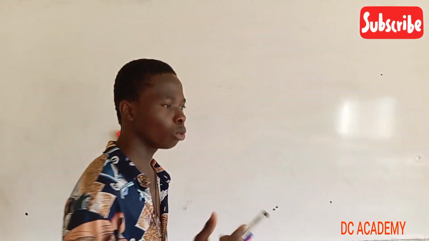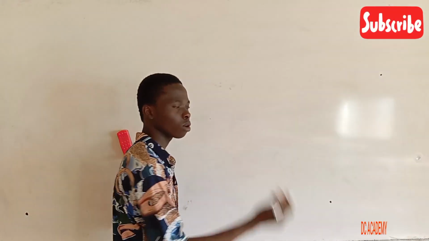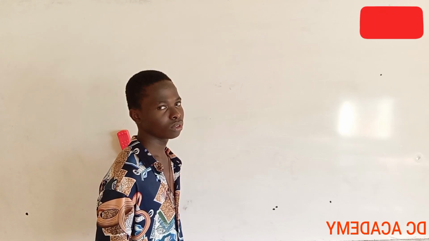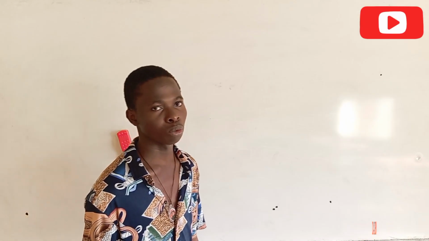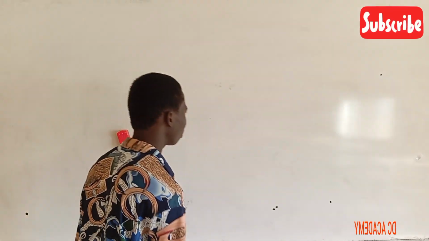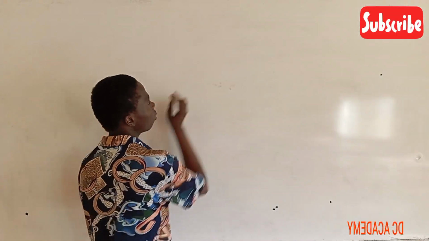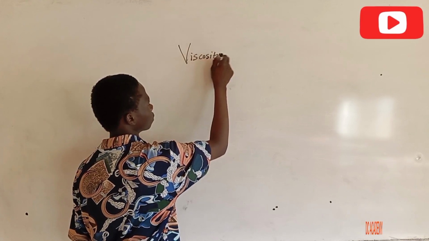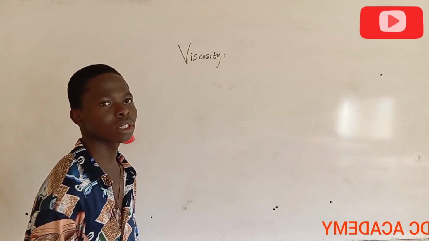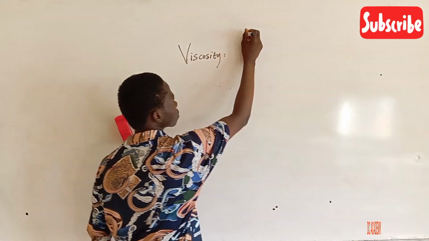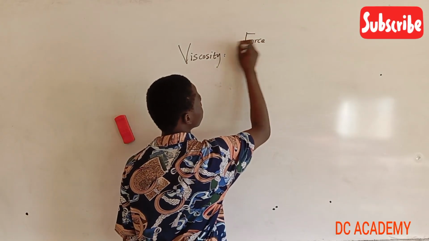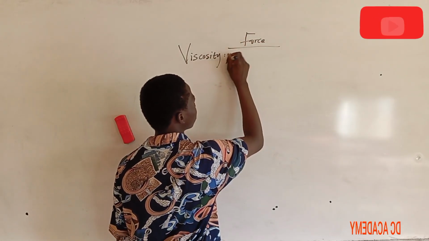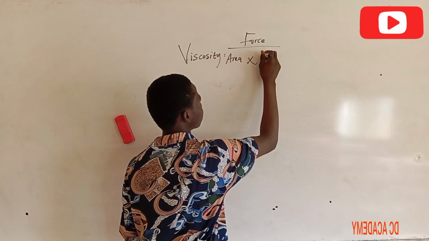So now let's get units using dimensional analysis, units of physical relations or quantities. Now, what is the dimensional analysis of viscosity? Viscosity is force over area times the velocity gradient.